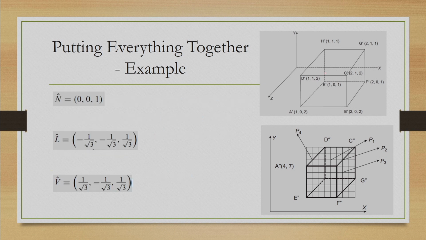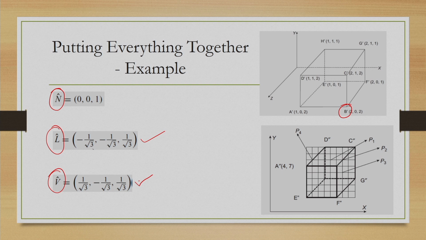If we see the scene and the object description, then we know the surface normal at B dash and the unit surface normal will be this. Now, we know the light source. So, the unit vector towards the light source can be computed in this way, and the unit vector towards the viewer, because we know the viewer location, can be computed in this way.